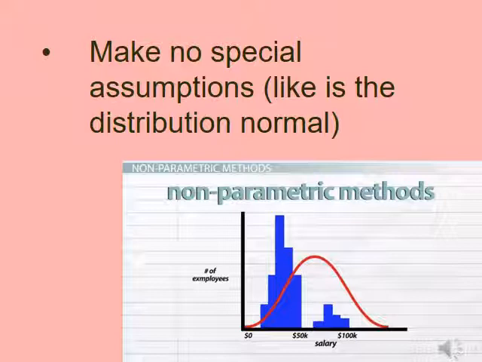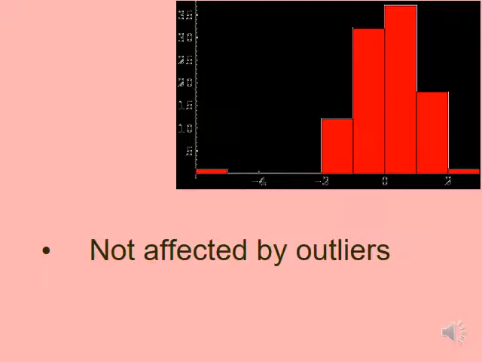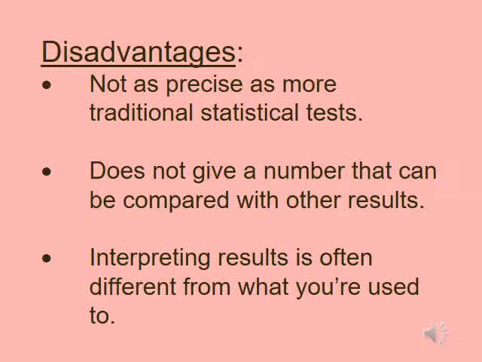Non-parametric statistics, though, they work if you have skewed distributions, if you have uniform distributions, if there's gaps, no problem. Unlike a lot of other statistics, non-parametric statistics are not affected in the least by outliers. You can have all the outliers you want and it's not going to change your outcome. So the advantage is, again, quick and easy. They aren't affected by outliers and they don't make any special assumptions about the population.